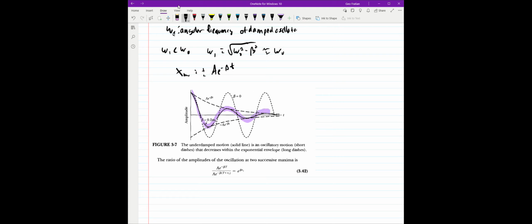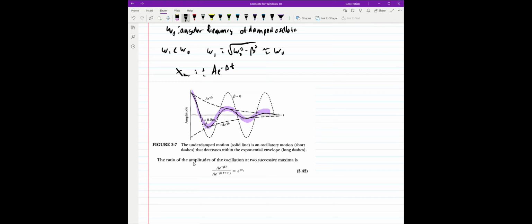Remember, imaginary exponentials are sinusoids, or harmonics, and real parts of stuff can damp it. In other words, that's what's damping it, or attenuating your signal if you want to call it that.